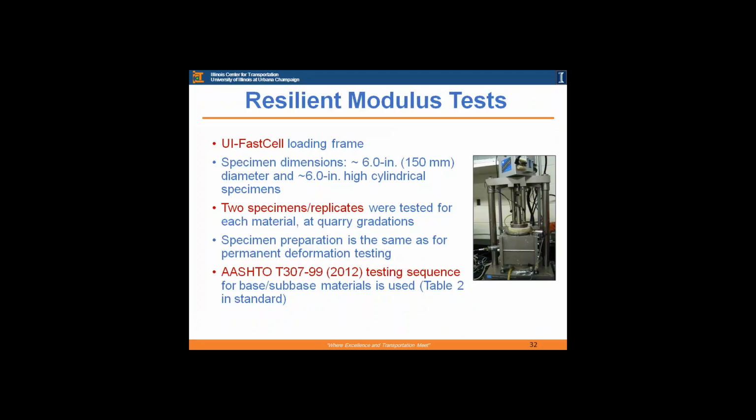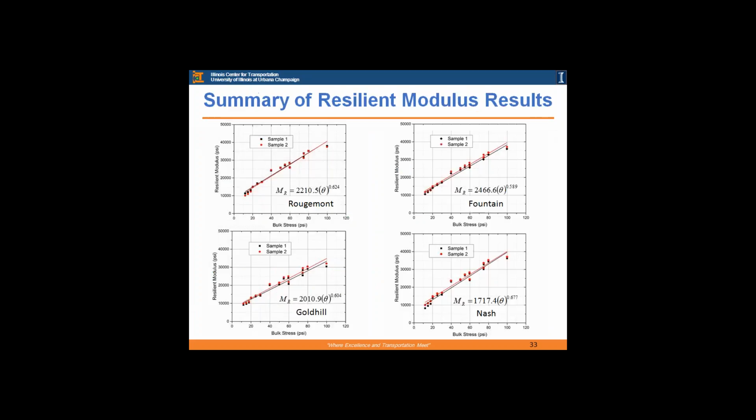As I also mentioned, we also did some resilient modulus testing on these materials, and we used the standard testing sequence for the T307 AASHTO standard, and we also did the resilient modulus test using the University of Illinois fast cell apparatus in the same procedure that was mentioned previously for the permanent deformation testing. And this is a summary of the resilient modulus test.